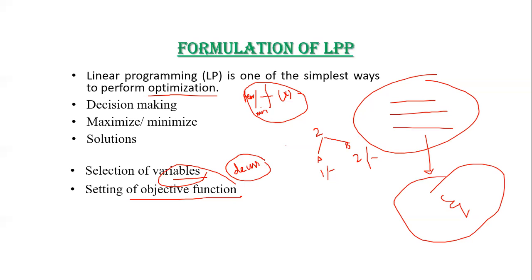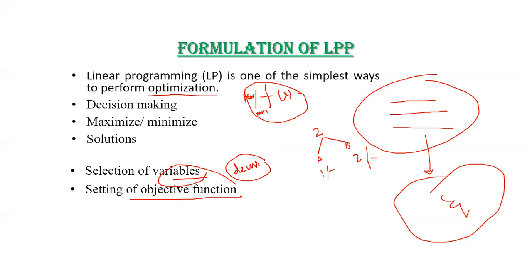But if you compare A and B, you will get maximum profit on B, not on A. But in the manufacturing process, you will get both products. You cannot avoid A just because you are getting maximum profit on B. So ultimately your preference will be B, but you cannot avoid A because together you are getting the profit.